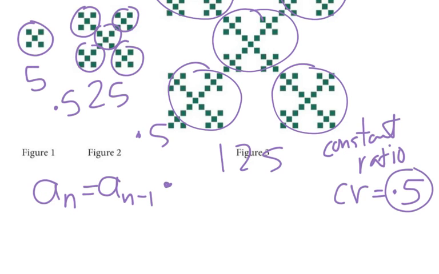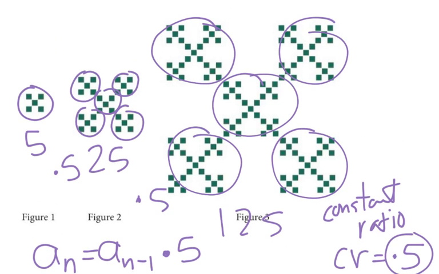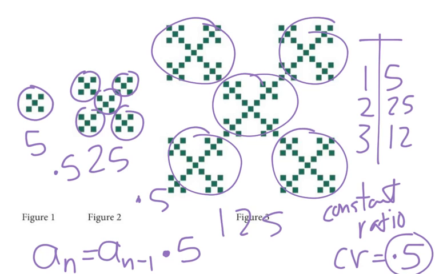Make sure we're not writing times 5 this way, because I don't know if you mean that for a variable or if you mean multiply. So if you're not doing the dot, you've got to do the dot. Then we need the zero term, or the start number, that a sub 0, because that tells us it's the zero term. To do that, we've got to go backwards, because we've got the first term of 5, the second of 25, the third term of 125.